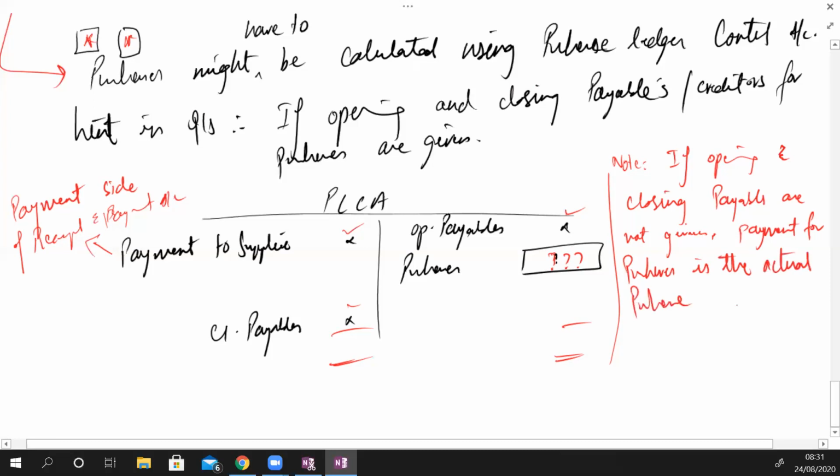By this, what I meant to say over here is if this opening and closing payables are not given, that means whatever is the payment for purchase is going to become the actual value for purchase. ठीक है?